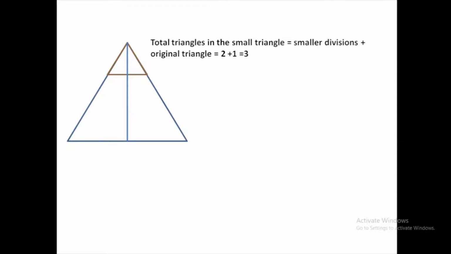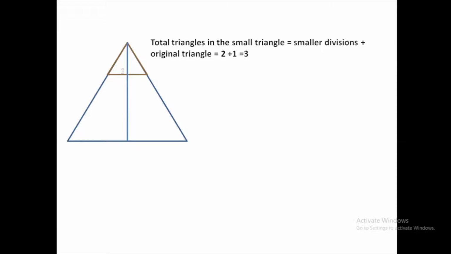Time for type 3. In this figure, when we try to check horizontally, we find 2 triangles. First is the small one, and the next is the larger one. First, let's count the total number of triangles in the smaller one. It's just the 2 smaller triangles inside it and the original triangle itself.